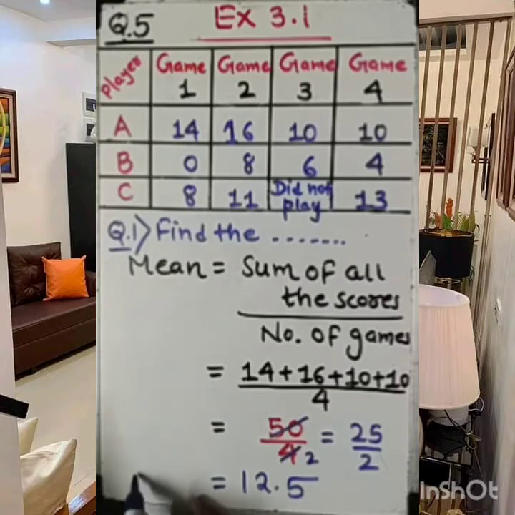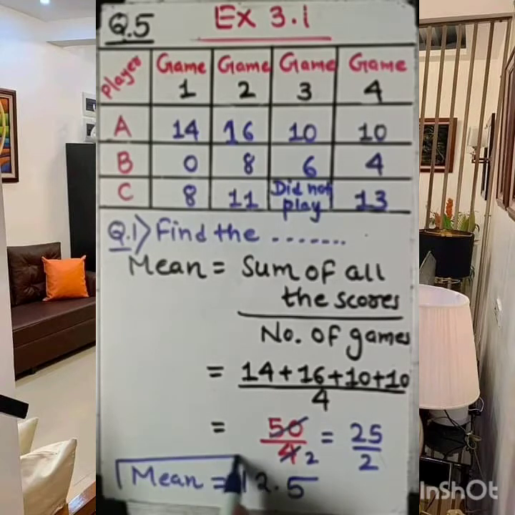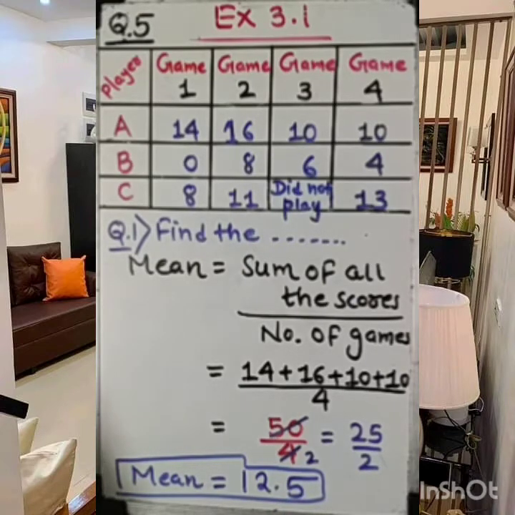So dear student, this is for player A. The mean for player A is 12.5. This is the first question solution. Let's move to the second question now.